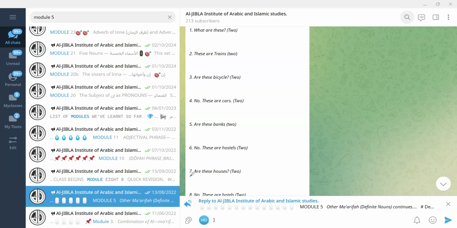Can we move on? These houses, هذان بيتان. Mashallah.